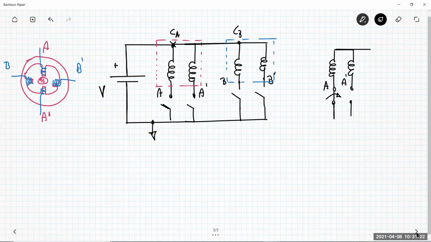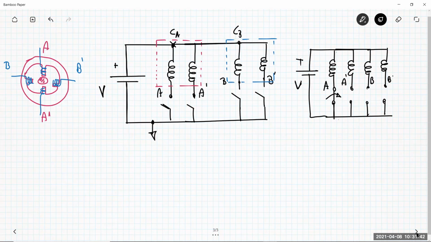The phase B is not energized at all. This is what in the previous figure was indicated as step number 1.